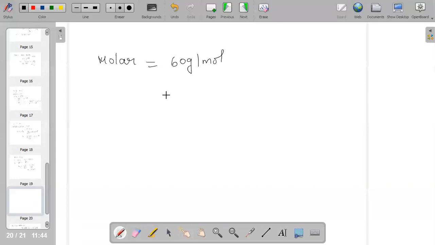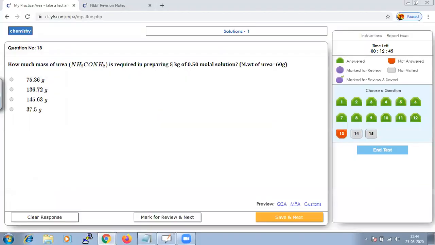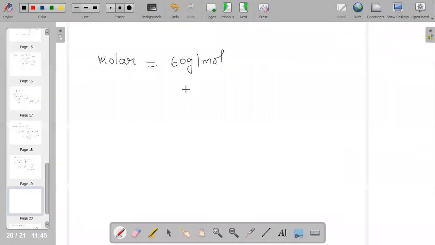So we can say 0.5 into 60, which is around 30 gram of urea.